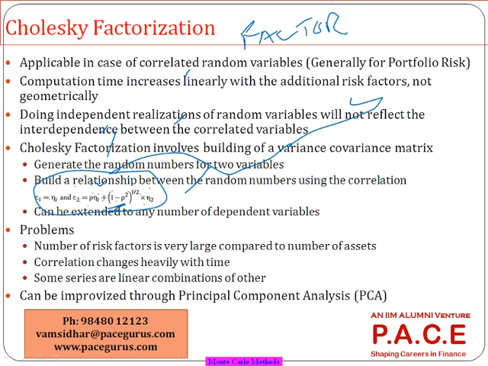You try finding out the correlations between X, Y, Z post the factor analysis, post the principal component analysis, you will find that the correlations don't exist between them at all, which means your task of making this Cholesky factorization and all, even that is eliminated. You just need to do an independent forecasting or independent price path creation for those 3 or 4 created variables. That will solve your entire purpose, because they are no more interdependent, they are completely independent.